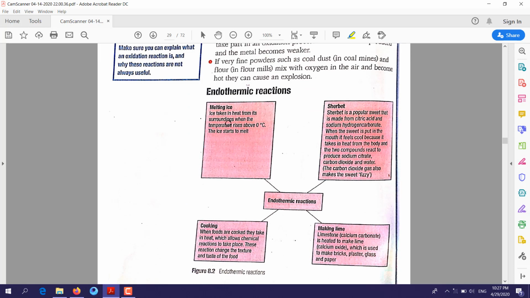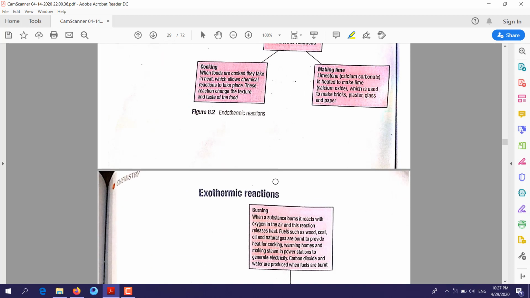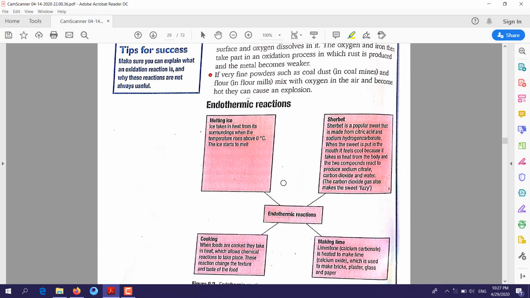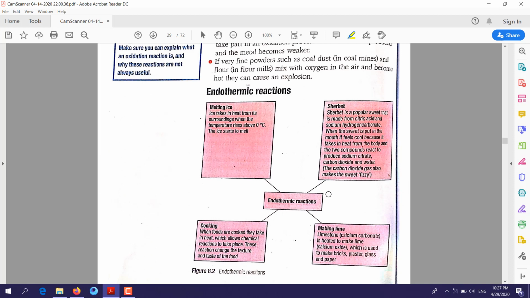Now let's take some examples of endothermic reactions and also exothermic reactions. An endothermic reaction is a chemical reaction in which the energy or the heat is taken in. How is that? If you have ice, when this ice starts melting, why does it start melting? As we know, if the temperature is 0 and below, we will have ice.